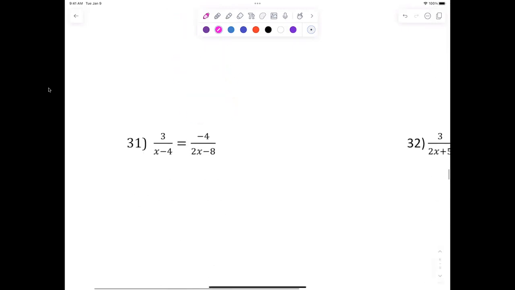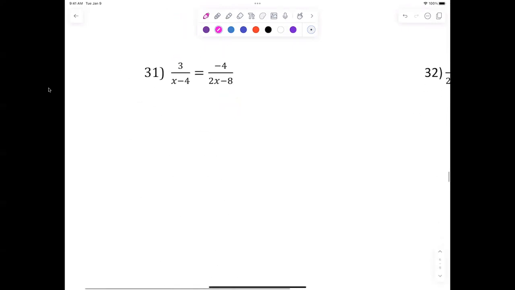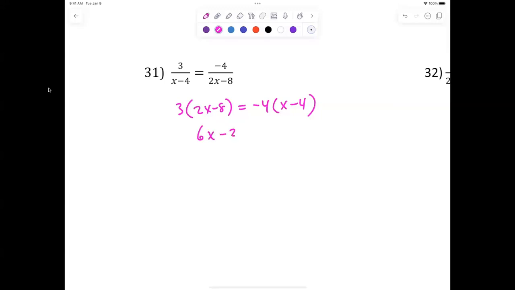All right, 31. 3 parentheses 2x minus 8 equals -4 parentheses x minus 4. Distributing: 6x minus 24 equals -4x plus 16.